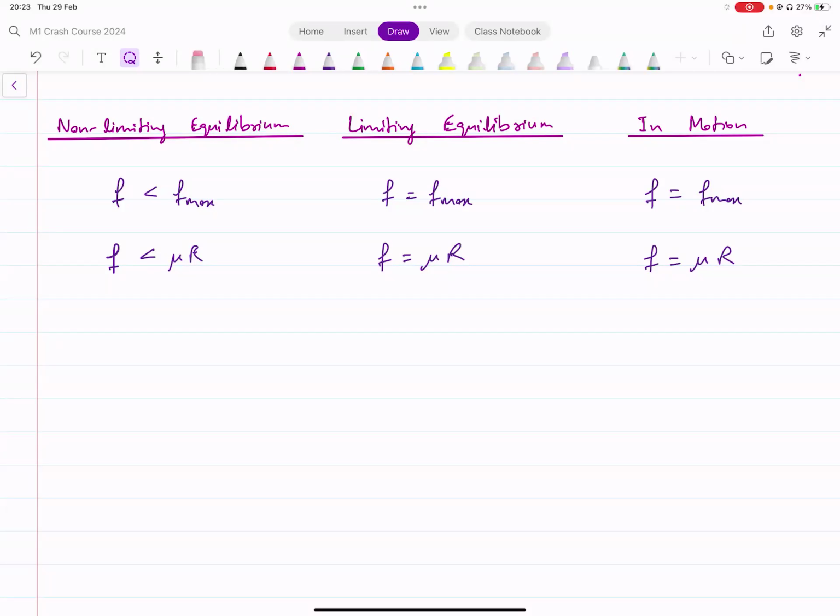However, when it's non-limiting equilibrium, friction is less than the maximum value. F is less than mu R.